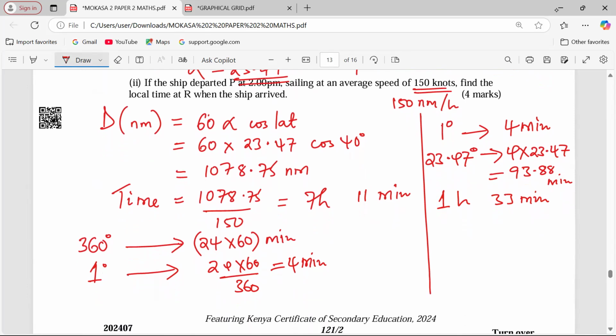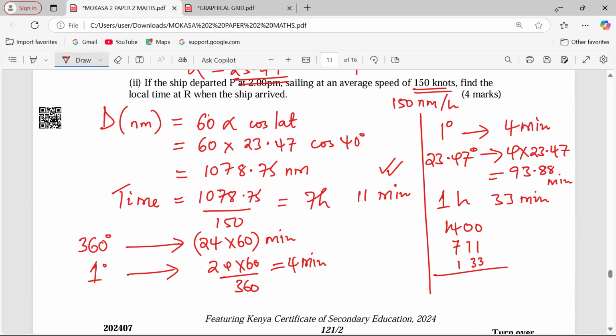Therefore, we will say from 2 p.m., which is 1400 hours, we are adding 7 hours, 11 minutes. That's the time taken. Then the time is already ahead in this place by 1 hour, 33 minutes. Because the place R is ahead in time, because it is to the east.